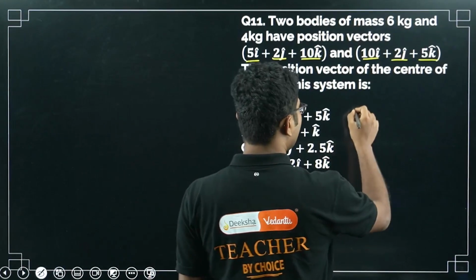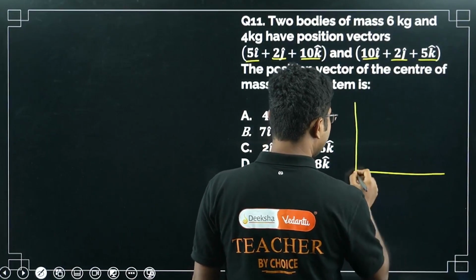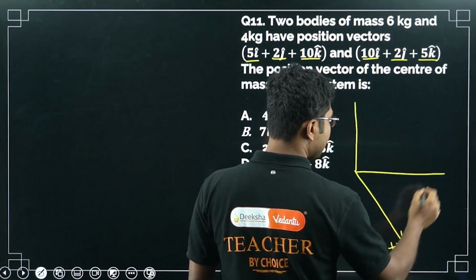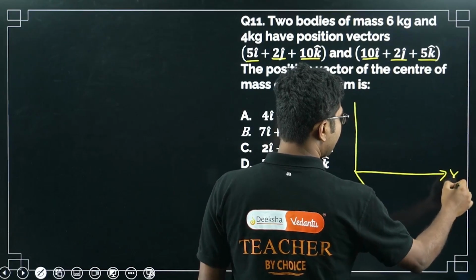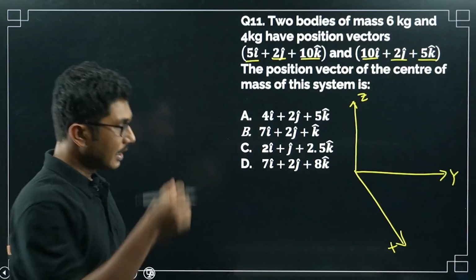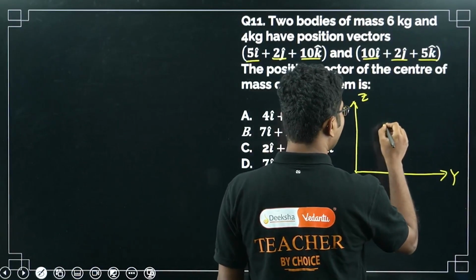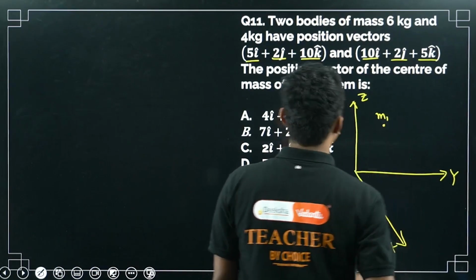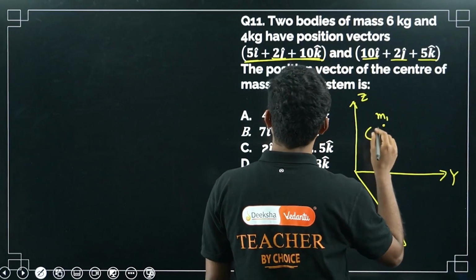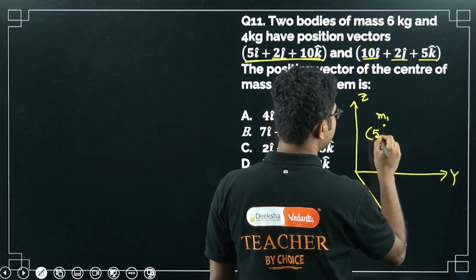So what is the meaning of that? We have two masses, and in the coordinate system x, y, z, say this is x, this is y, this is z. Now you have a point, say one mass is here, and we know that a position vector can be written as coordinates, right?